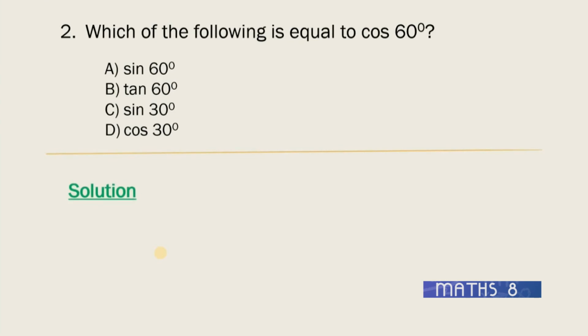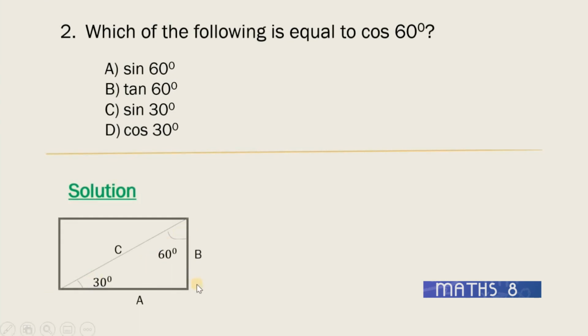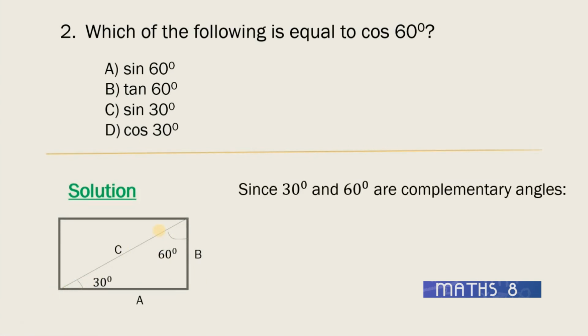Here's the solution. Here's a picture showing the different angles in the triangle. Since 30 degrees and 60 degrees are complementary angles, then they both appear in the same right-angled triangle. Cos of 60 is equal to adjacent over hypotenuse, which is b over c.